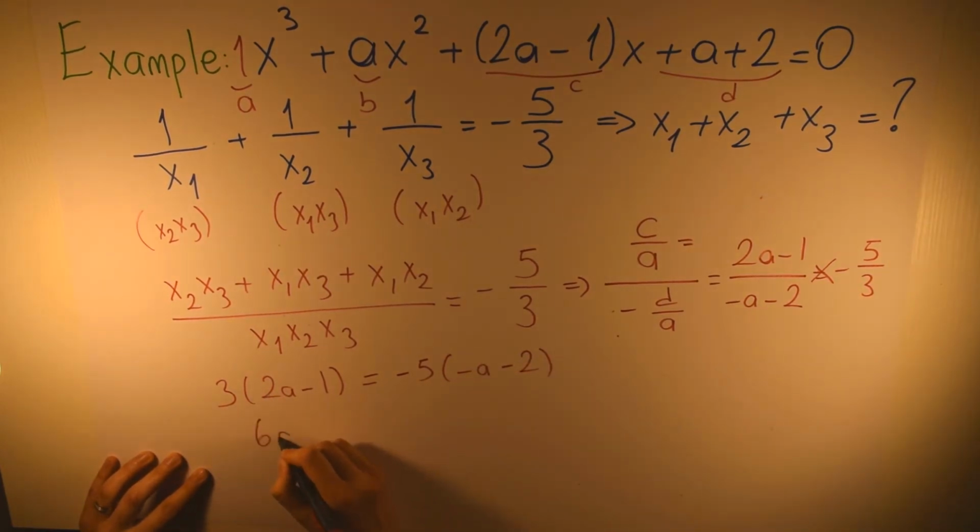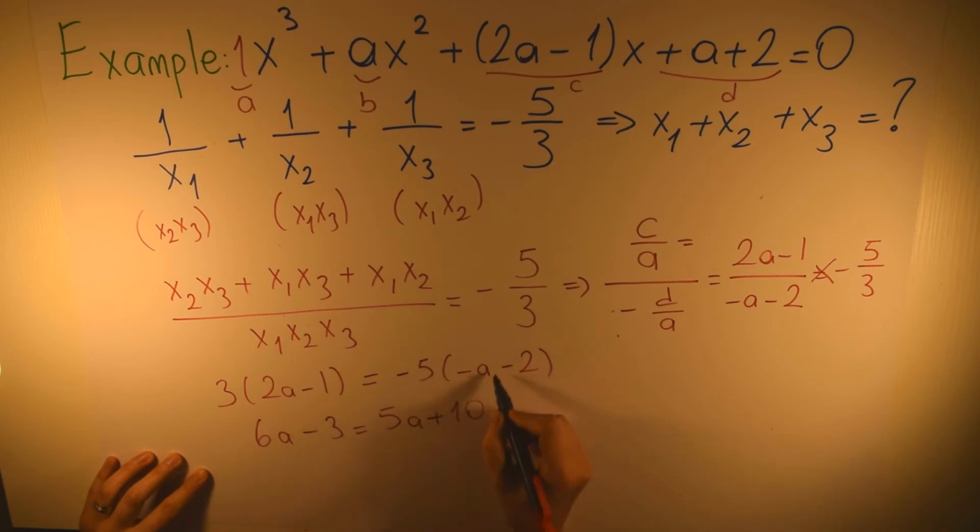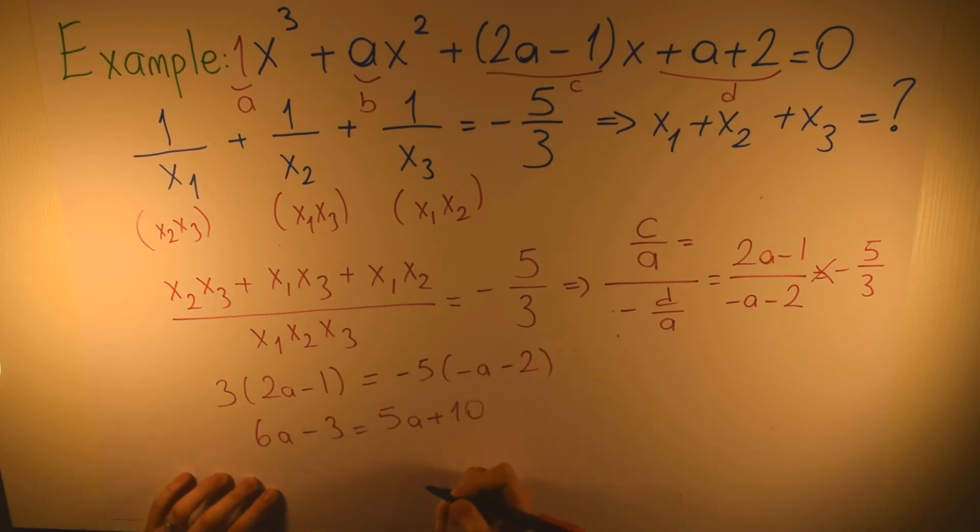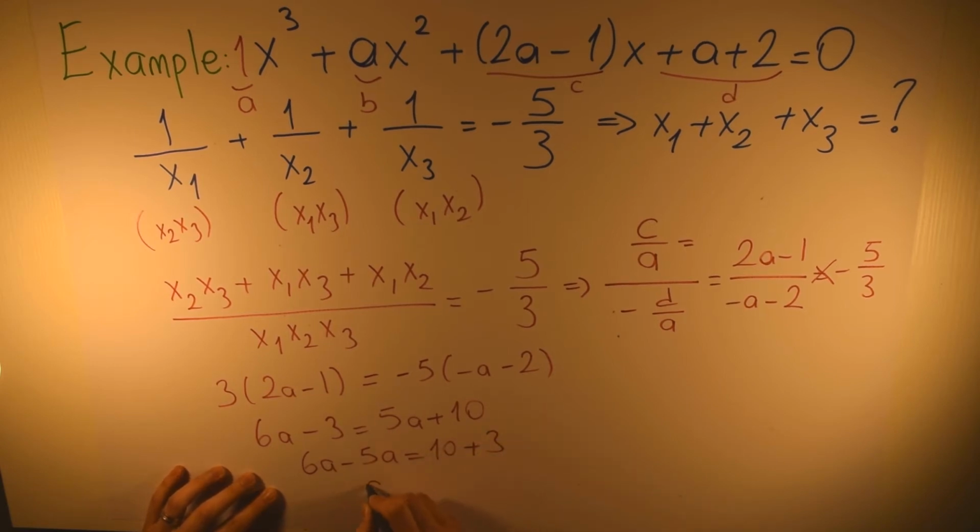This is 6a minus 3 is equal to 5a plus 10, right? When you multiply minus by minus, it will be plus. So from here, 6a minus 5a is equal to 10 plus 3, so we find a as 13.